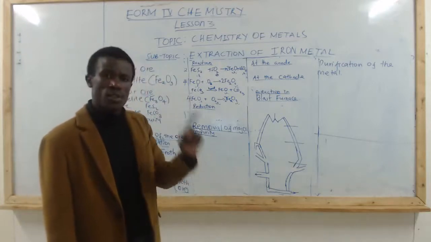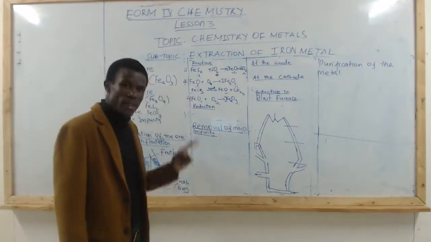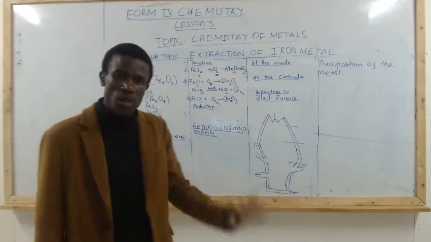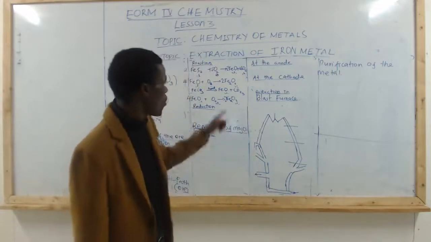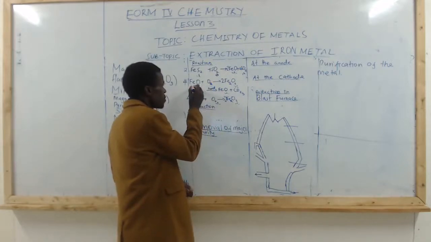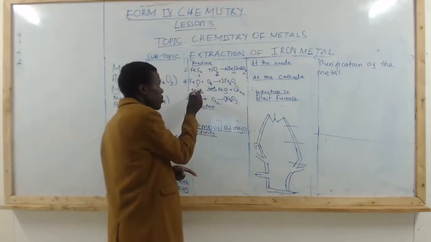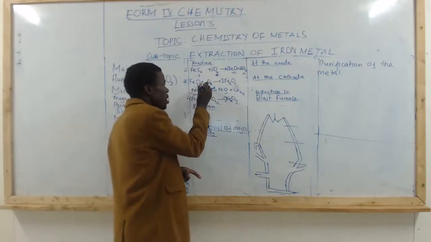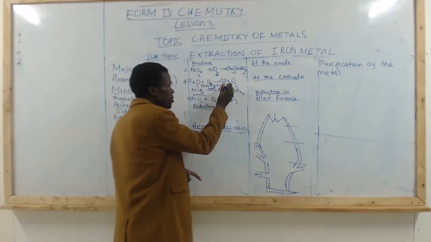But if the only ore that is available is iron carbonate, then since it cannot be roasted, it is thermally dissociated or decomposed to form iron 2 oxide. So we have thermal dissociation. For iron sulfide we use roasting, but for the carbonate we do what is called thermal dissociation or thermal decomposition.